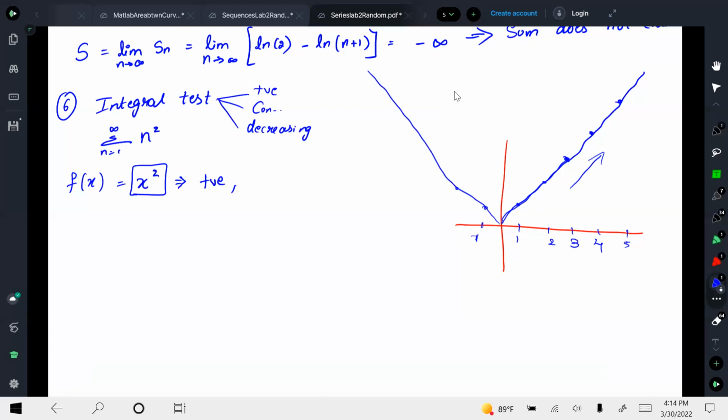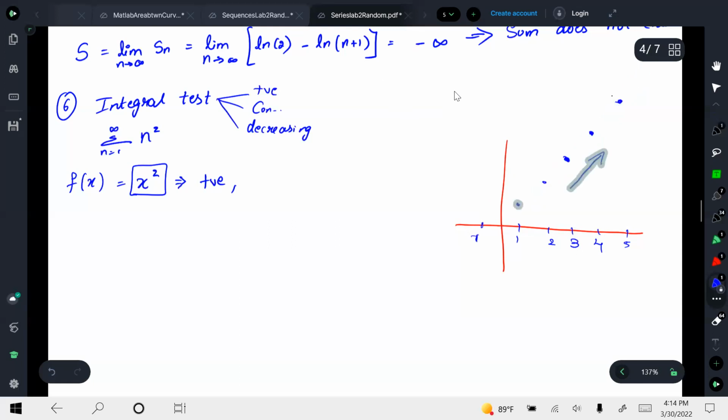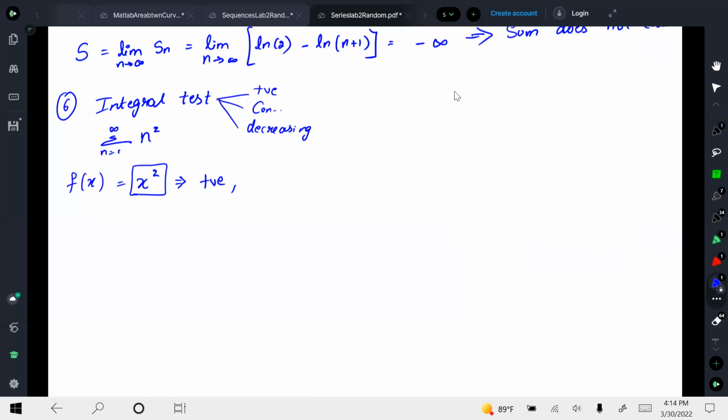So on either side, no matter what the quadrant, you get an increasing function on both sides. So can you apply the integral test for this type of function? It is positive, it is continuous, and it is increasing. What do you think? Can we apply the integral test for f of x equal to x square?